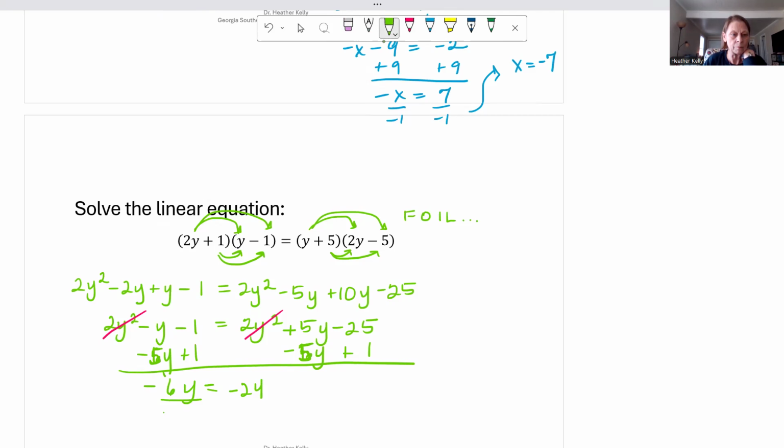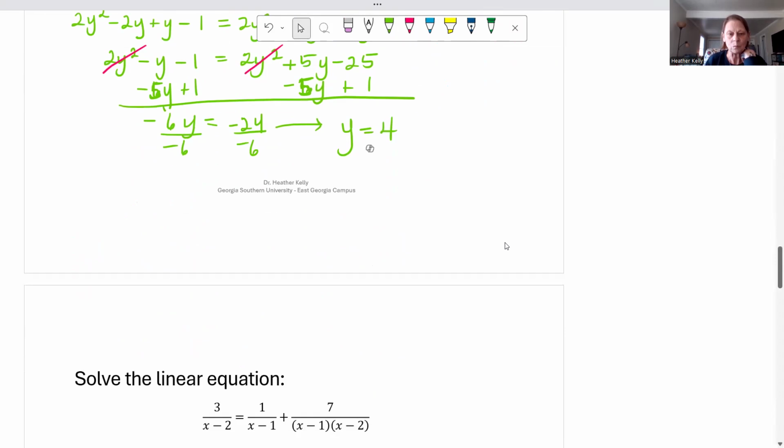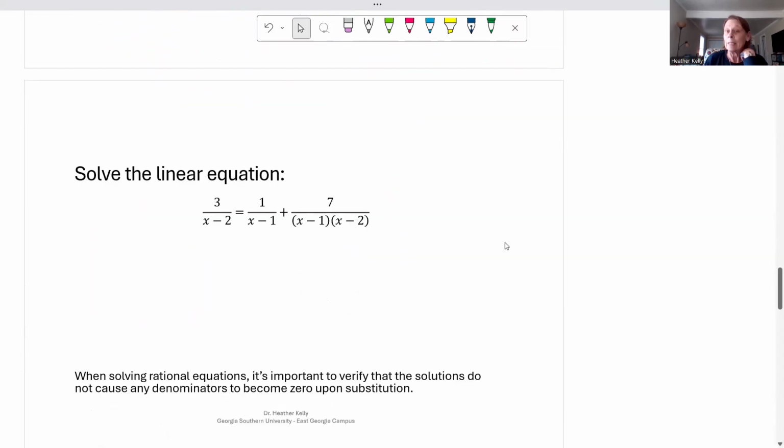And then we'll divide both sides by -6. And we will have y is equal to 4. Okay. Ooh, that changed quickly now, didn't it?